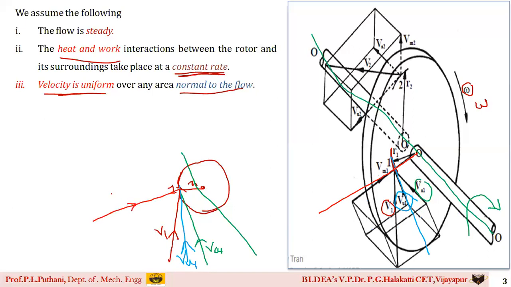We write it with the symbol Vm1, or you can also write it as Vf1. This is Vf1, not Rf1. I will take Vf as my flow velocity for further discussions.